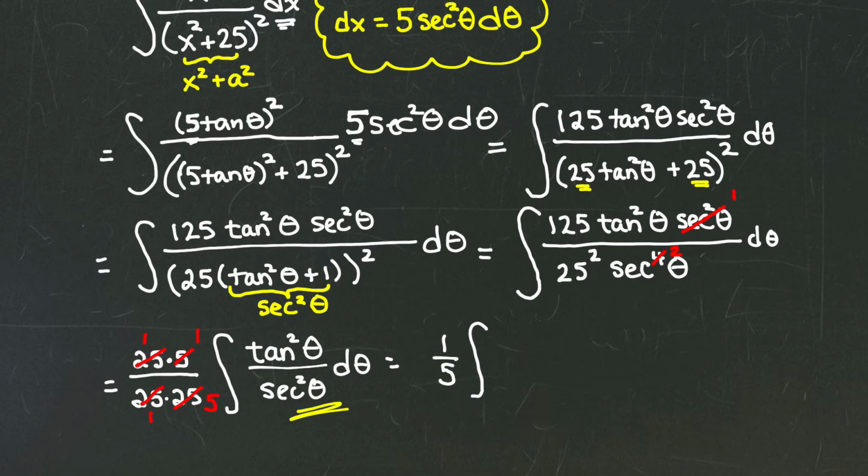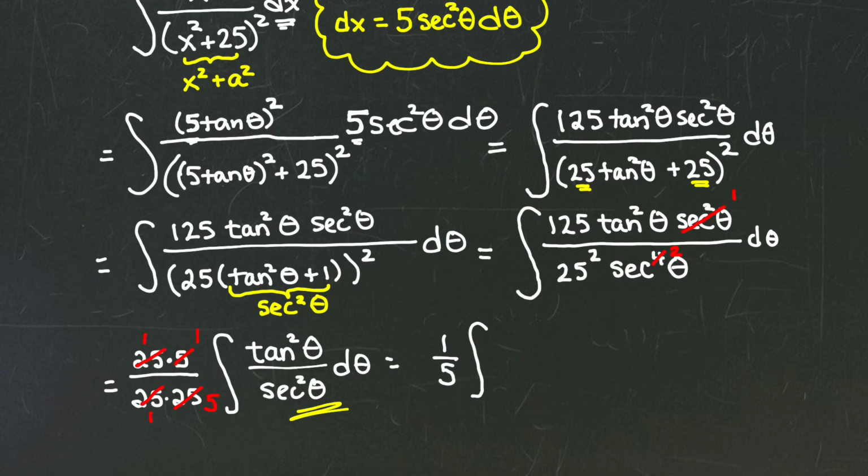Generally when I get to this point and I get stuck, this is when I use my identities of tangent and secant and convert everything in terms of sines and cosines. I like to convert things into sines and cosines because I can manipulate them a little easier than tangents and secants. And besides, again, I can't use a U substitution because the derivative, secant squared, is in the denominator, and that's not good.